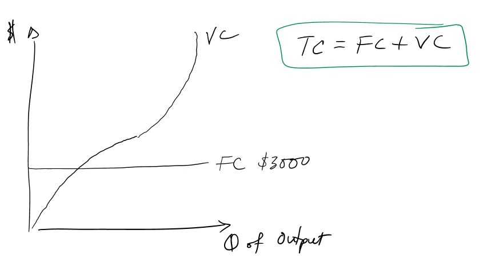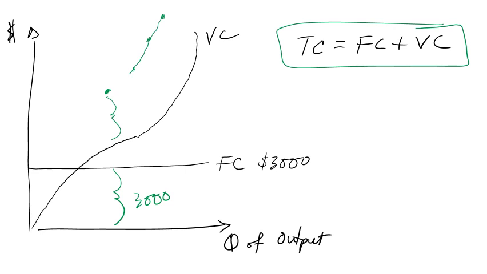So at any given point, we just need to add on $3,000 on top of the variable costs. So we could take this amount here, and we could basically add on $3,000 here, and you'd have a total cost point. And you can continue to do that, and you would get a total cost curve.